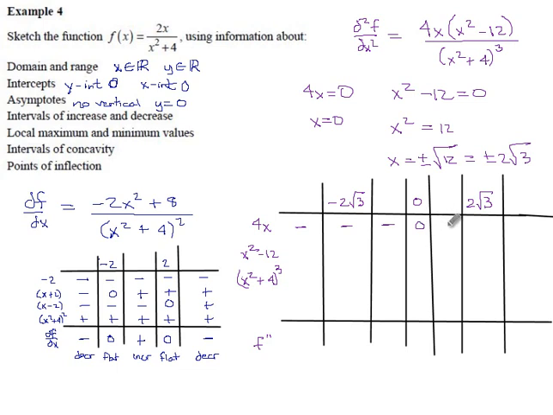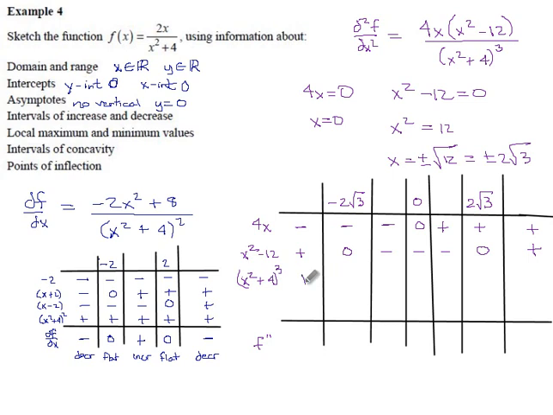When x is 0, 4x is 0, and then this goes positive. Easy enough. If x is like minus a million, then x squared is a trillion, take away 12, and you still have a positive value. If x is exactly minus 2 root 3, we know that this piece equals 0. And then this goes negative. This is a parabola after all, so we kind of expect it to go positive, 0, negative, negative for a while. Then it's 0 again, and then it comes out positive.